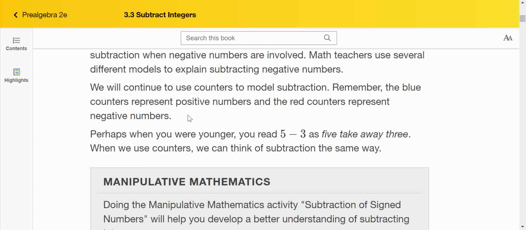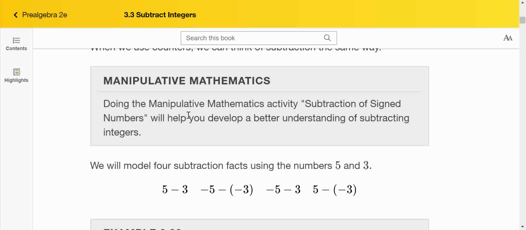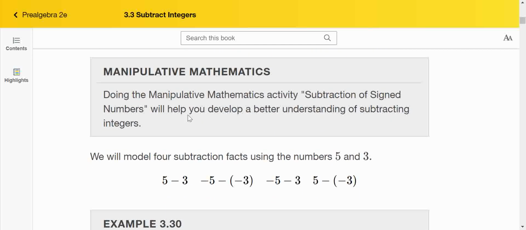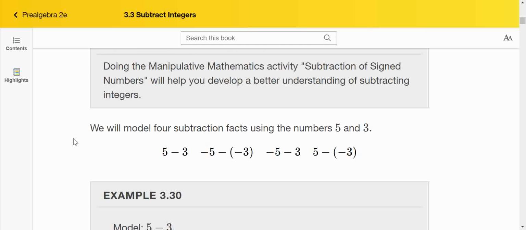When we use counters, we can think of subtraction the same way. Manipulative mathematics. Doing the manipulative mathematics activity, subtraction of signed numbers, will help you develop a better understanding of subtracting integers. We will model 4 subtraction facts using the numbers 5 and 3.